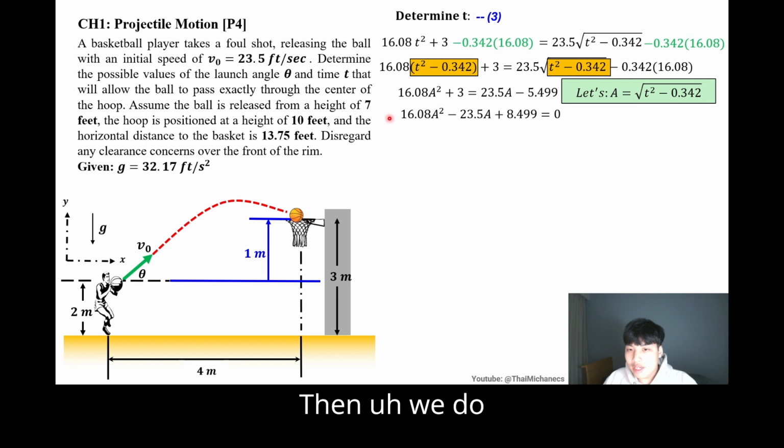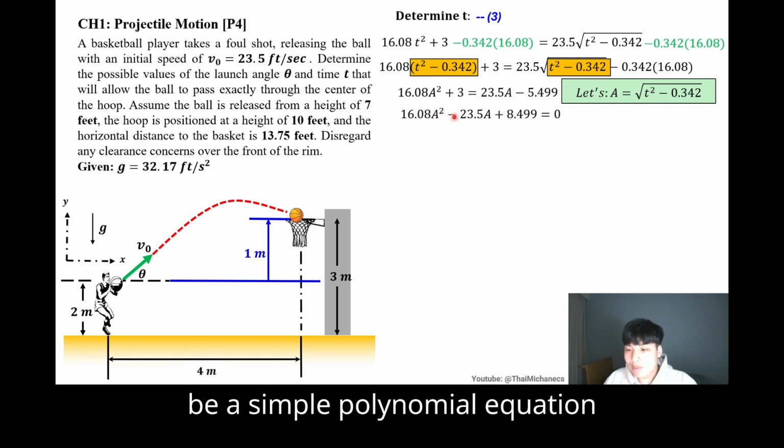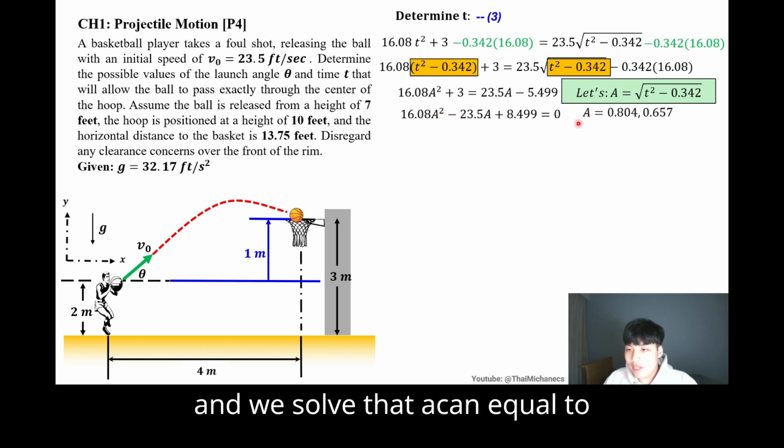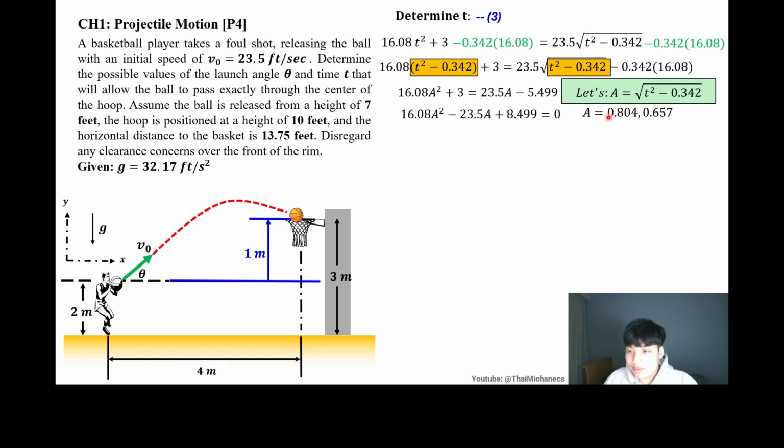Then we do some mathematical arrangement into a simple polynomial equation, and we solve that a can equal two possible values, 0.8 and 0.65.